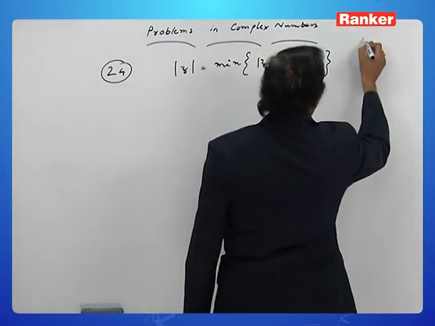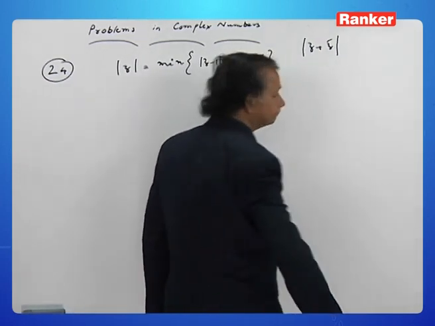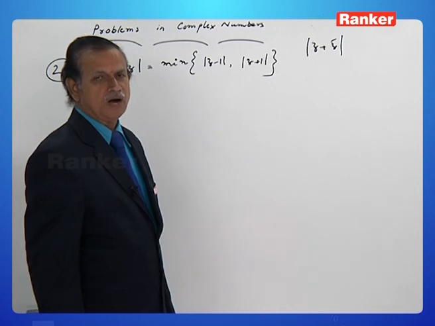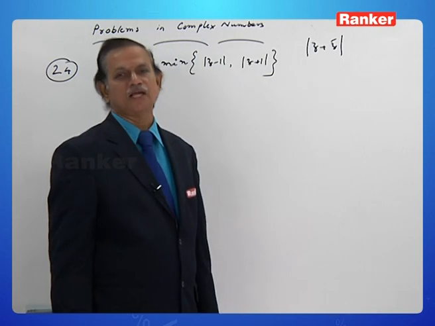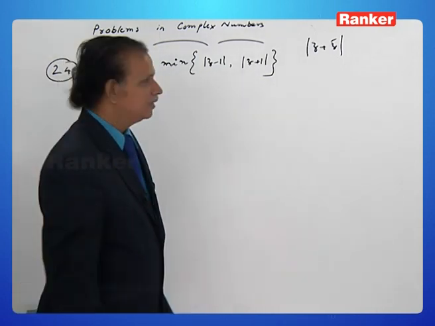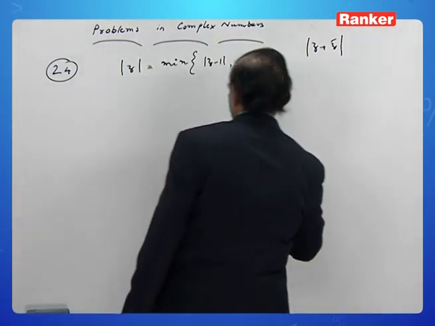Mod z plus z bar we want. What is z plus z bar? If z is x plus iy, z bar is x minus iy, z plus z bar is 2x, that is 2 into real part of z. Isn't it? Okay.